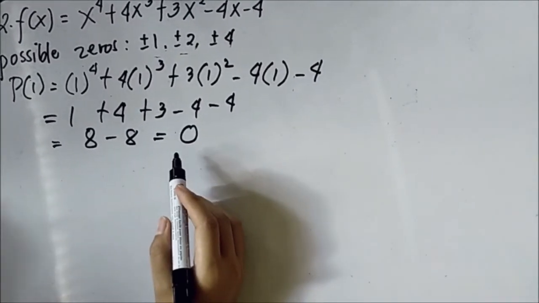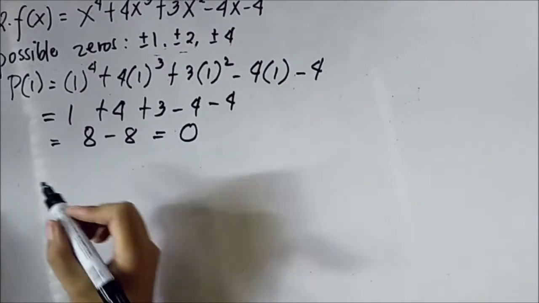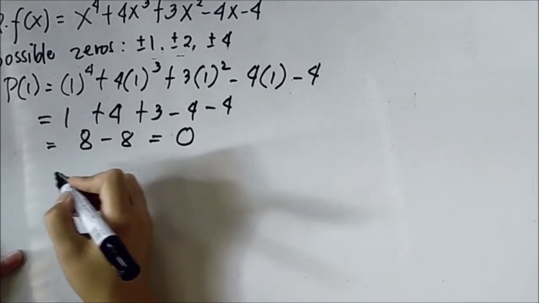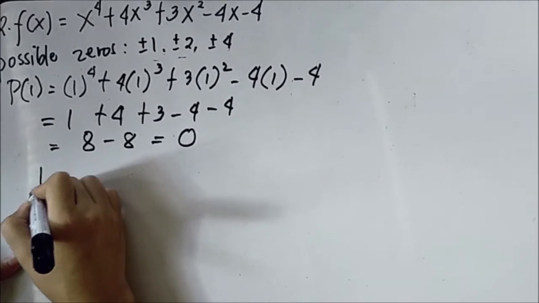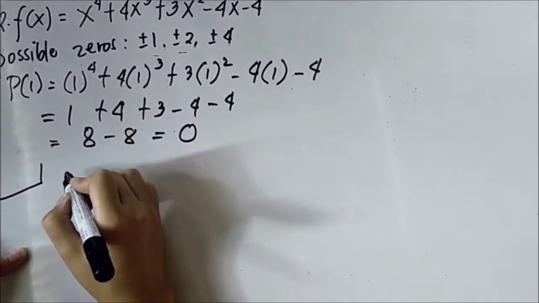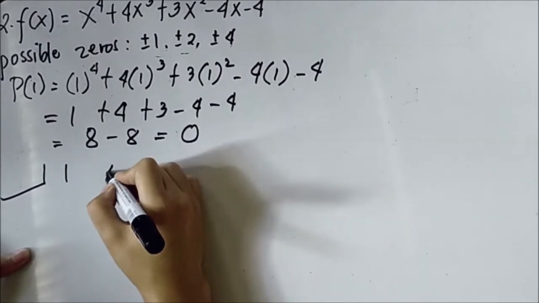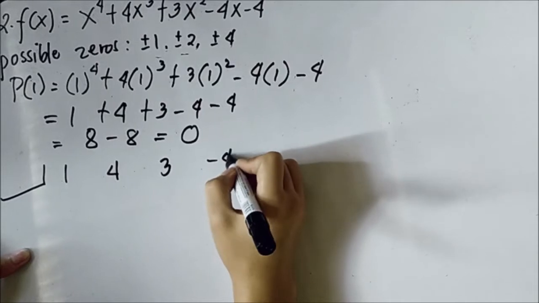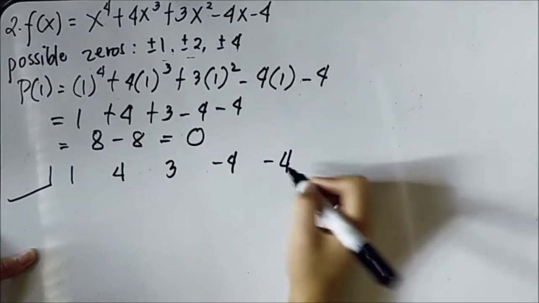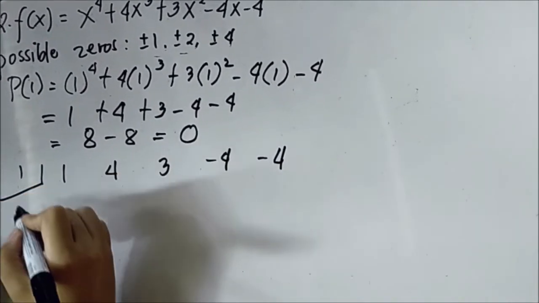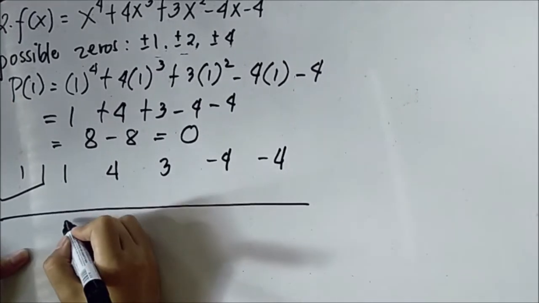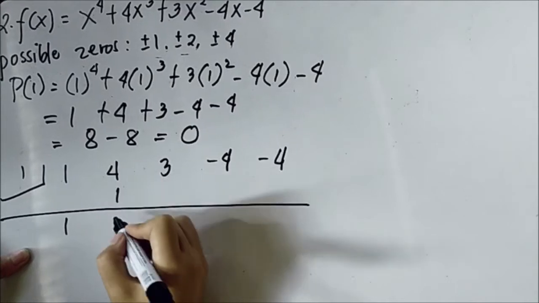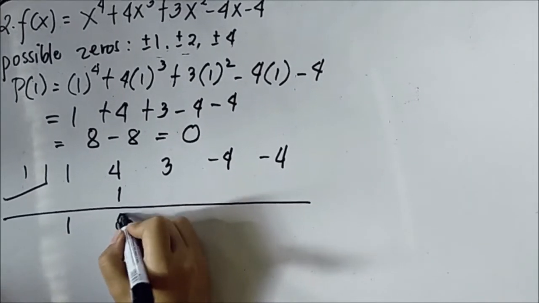So since 1 is one of the zeros, we use synthetic division to depress the equation. So we drop down the coefficients 1, 4, 3, negative 4, and negative 4. Okay, here is the divisor. Bring down 1. 1 times 1 is 1. 1 plus 4 is 5.